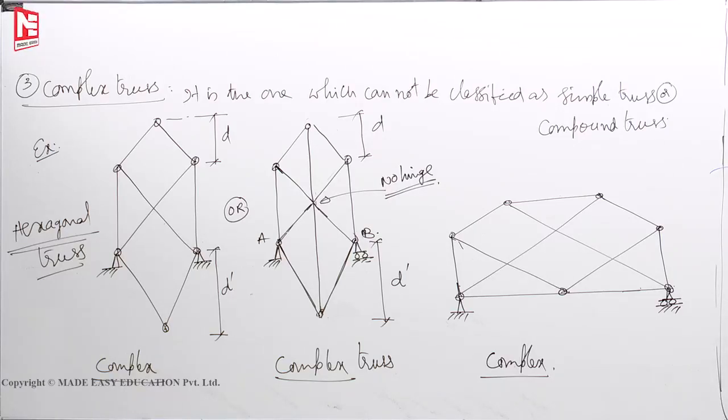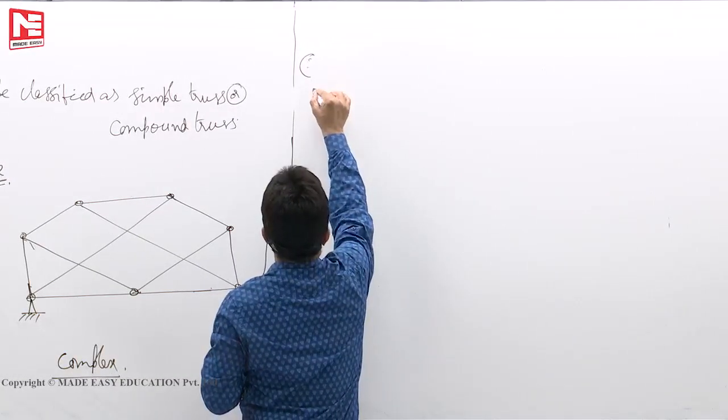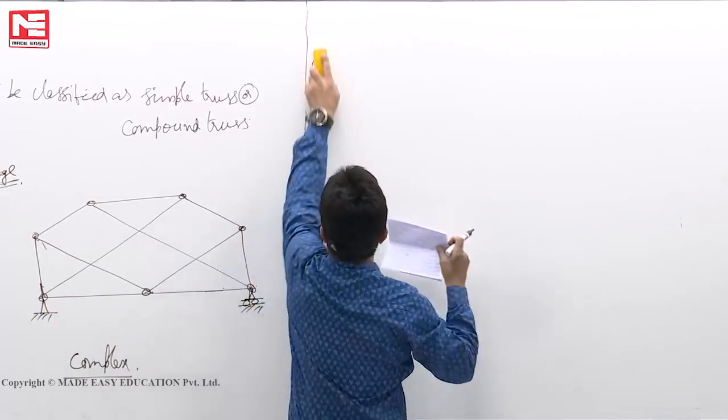So three types of classification, all we have solved, but we didn't mention what type of truss they are. So these are the conclusions we write.